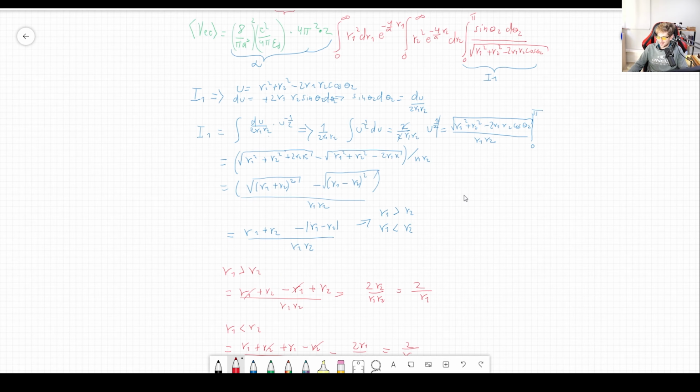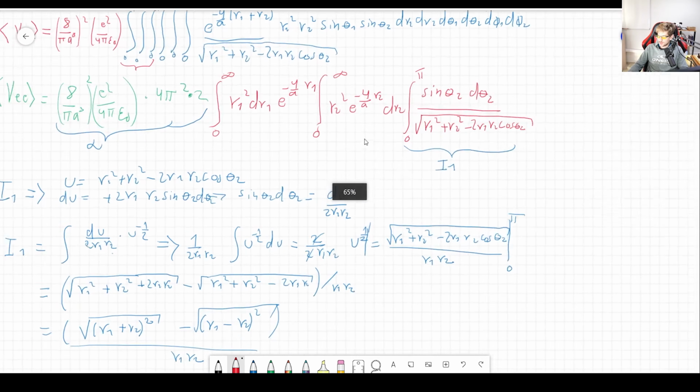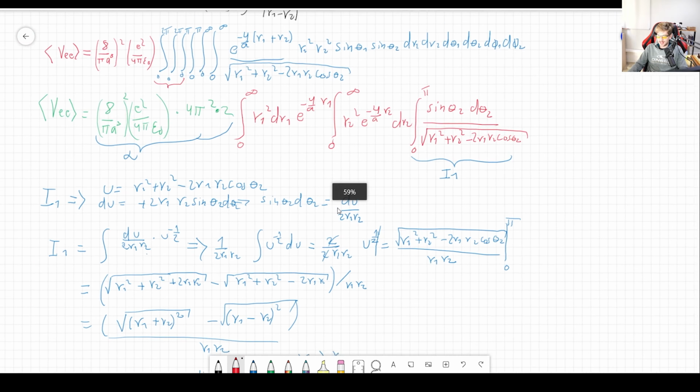Okay, so basically, the monster that we had here, this integral right here, we already solved this, and we know that this integral is either going to be 2 over r1 or 2 over r2, depending on which one of those is greater, right? If r1 or r2 is greater. So what does that entail exactly?